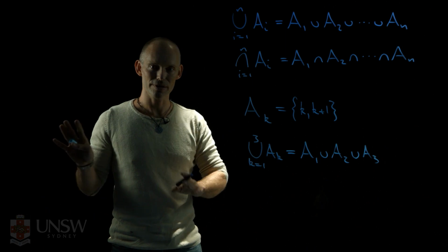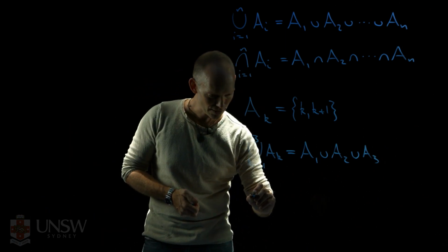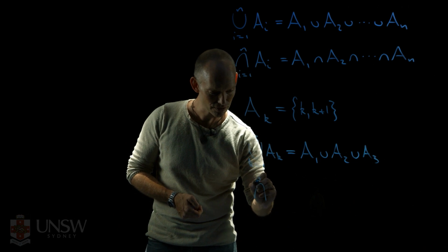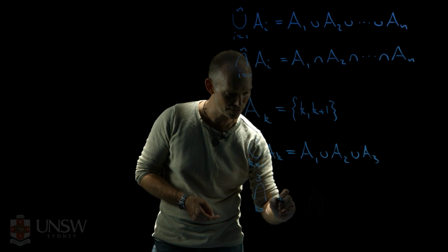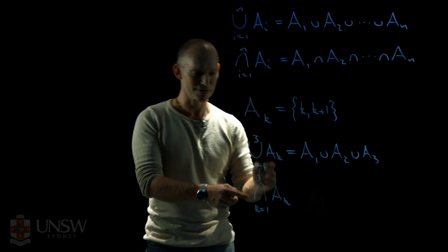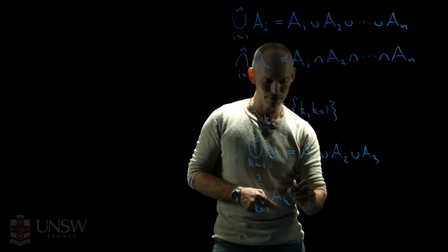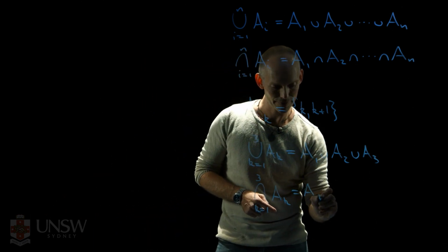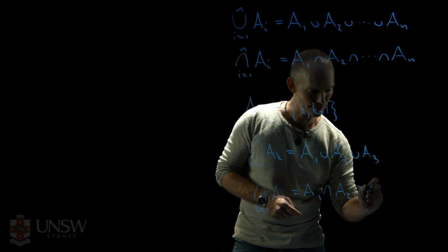Well, let's just wait one second to find out, and look at the corresponding generalized intersection operation, which is this one here. So if we use exactly the same expression, but just write intersection here instead of union, then this would be A1 intersect A2 intersect A3.